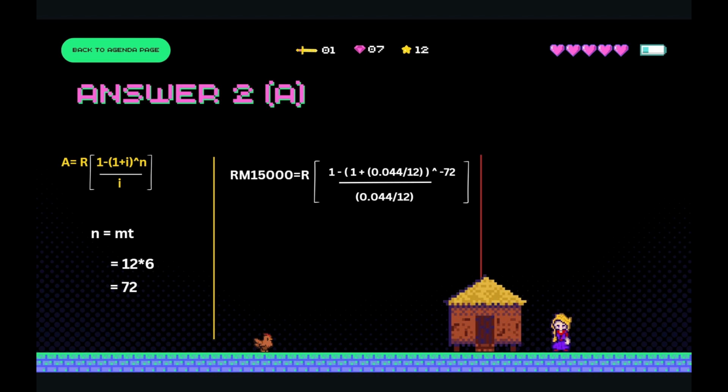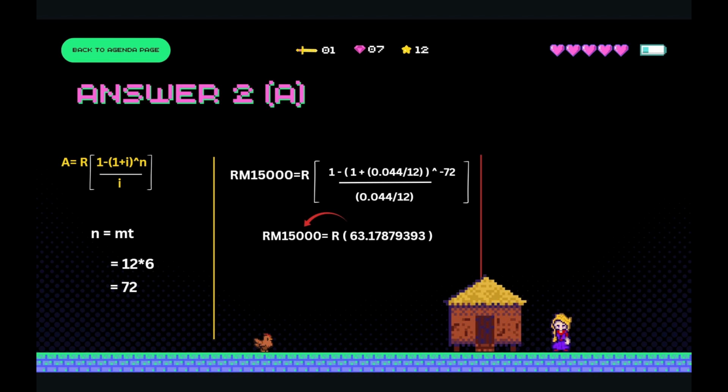At this point we are missing the R, so we need to find the R only. So we need to solve everything in the bracket, solving the upper part first and the lower part.